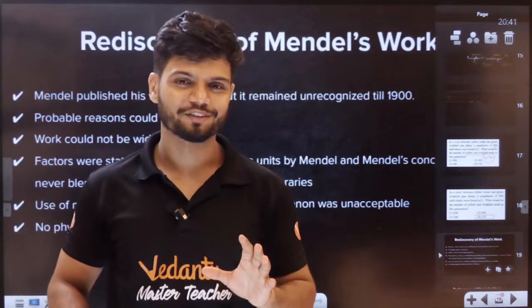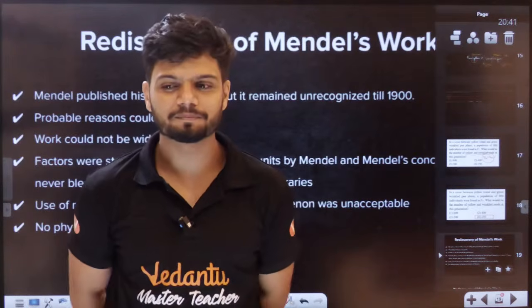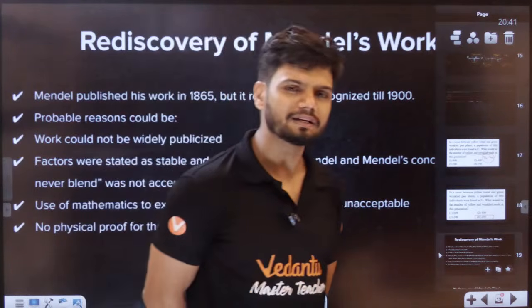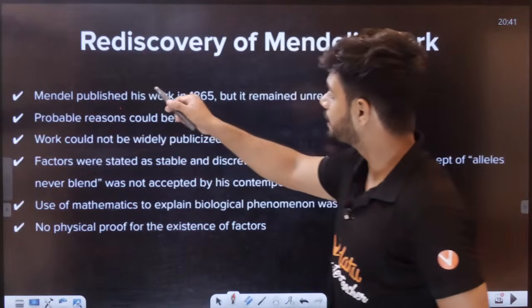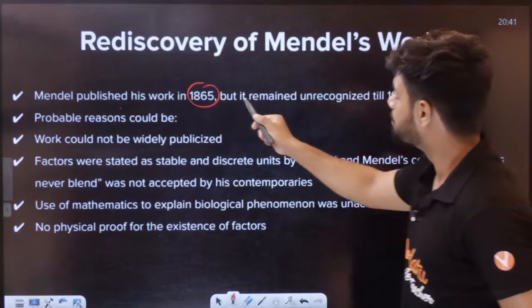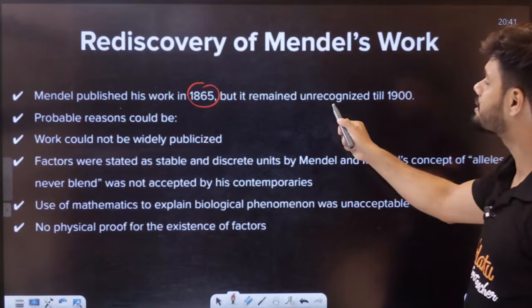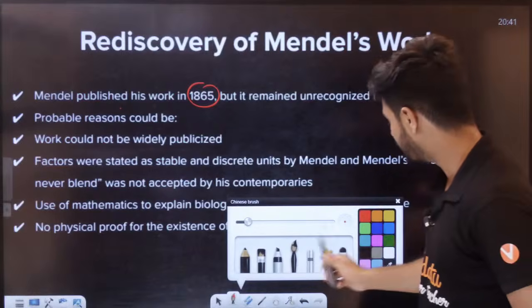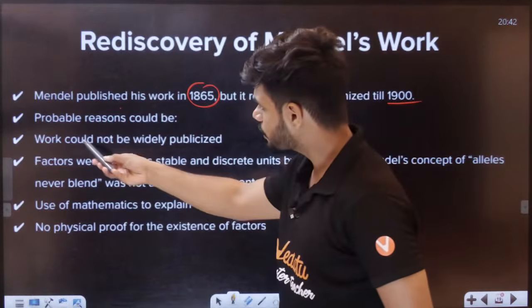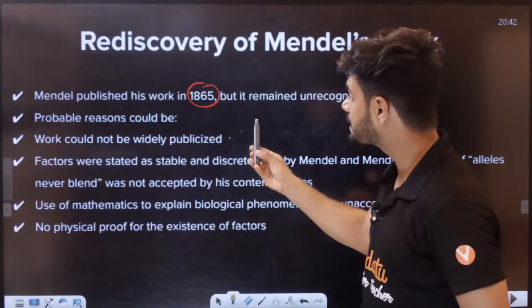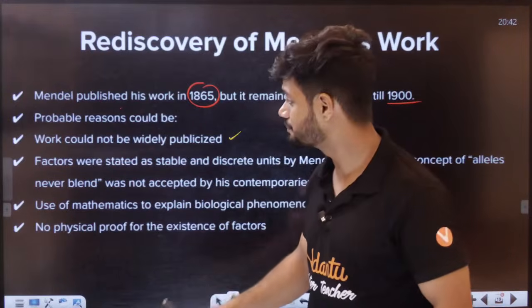But students, during Mendel's time, did we have internet? No, we didn't. So Mendel published his work in 1865, but it remained unrecognized till the 1900s. Completely unrecognized. What are the reasons? His work could not be widely publicized because of the lack of network.